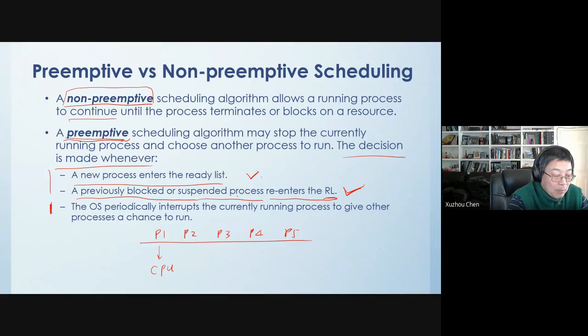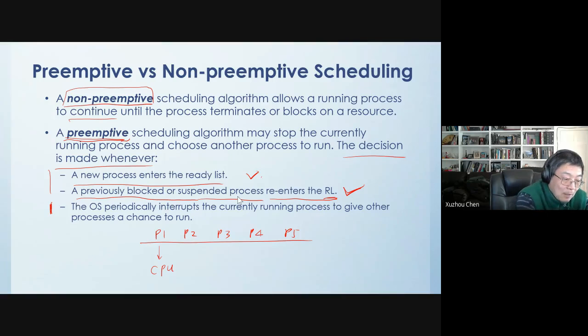So that's a problem. It's based on a voluntary basis. If process one takes the CPU, everyone just relies on it. If this guy is nice, then he says, I have enough CPU, I'm going to quit and let the other processes run.